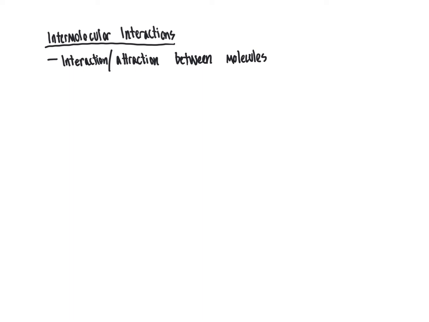With intermolecular interactions, the general rule that we will see is that the stronger the intermolecular interaction, the higher the melting point, which I'll abbreviate as MP, and the higher the boiling point, which I'll abbreviate as BP.